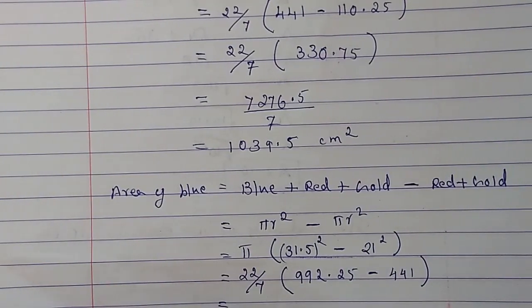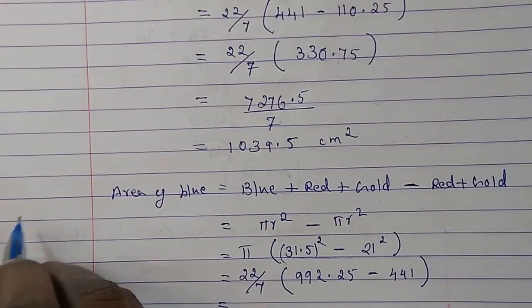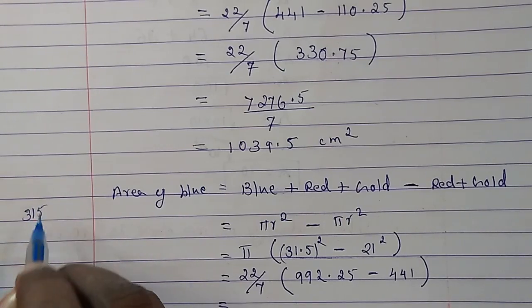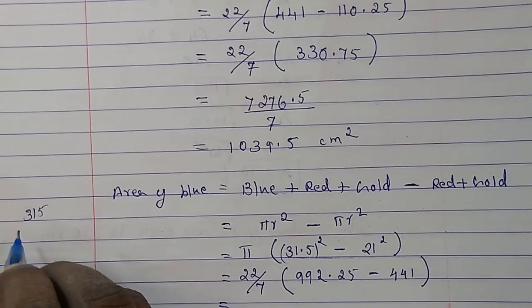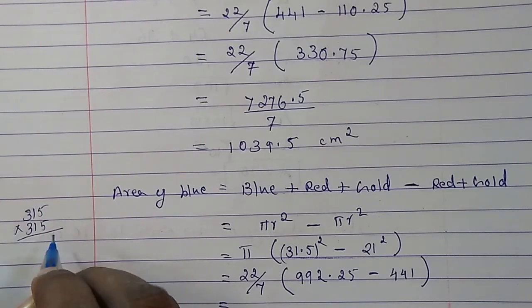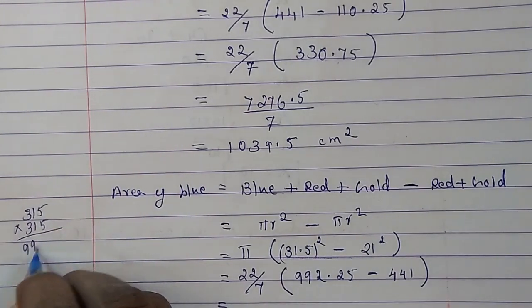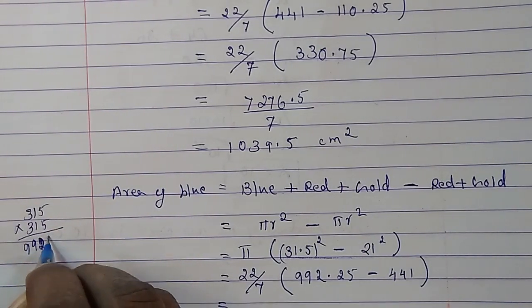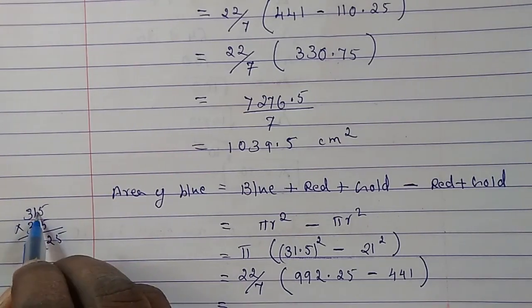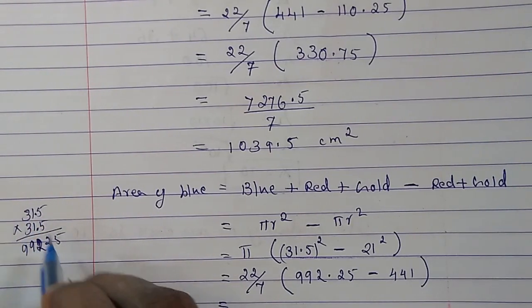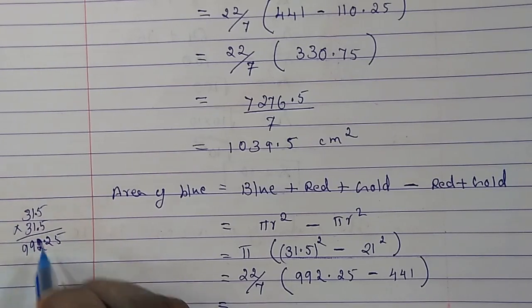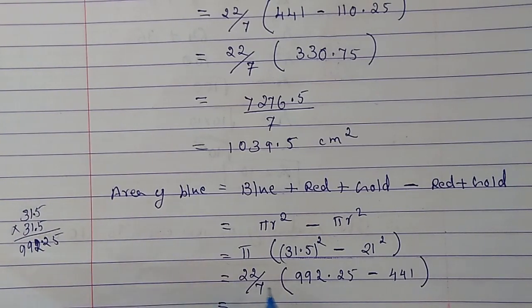Now if you subtract, this also you can do the same way: for 31.5, remove the decimal and multiply 2 times. When you multiply, you will get this answer. Then when you put the decimal, after the decimal you have 2 digits, so put the decimal after 2 digits, and you will get this. Now 22 upon 7, when you subtract, you will get 551.25.